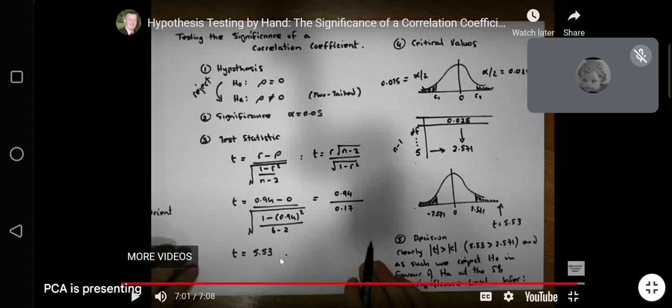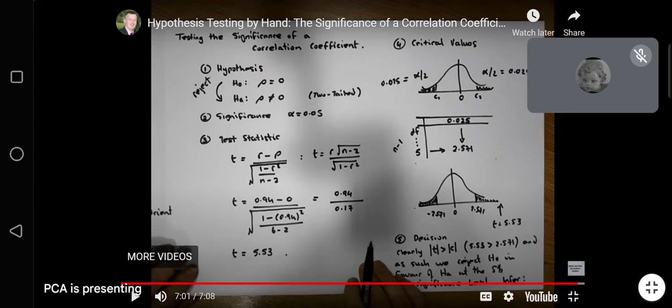Because it showed 5.53 is there, beyond this unshaded area. So there is a great significance. There is a big significance at the 5% significance level between those two variables: if you do have big sales, of course, you will have great profit.